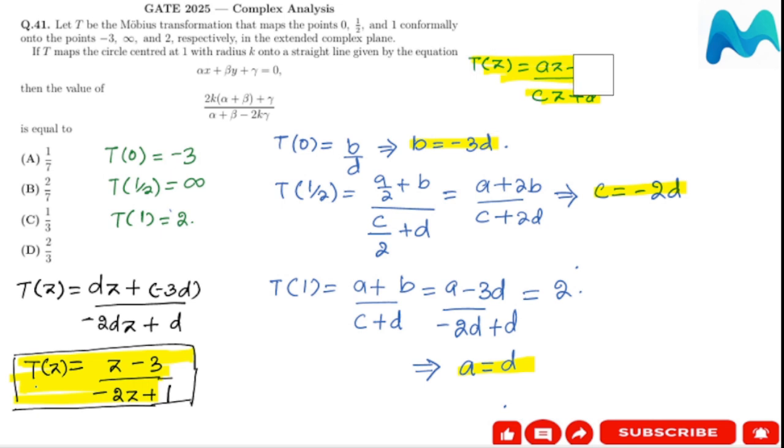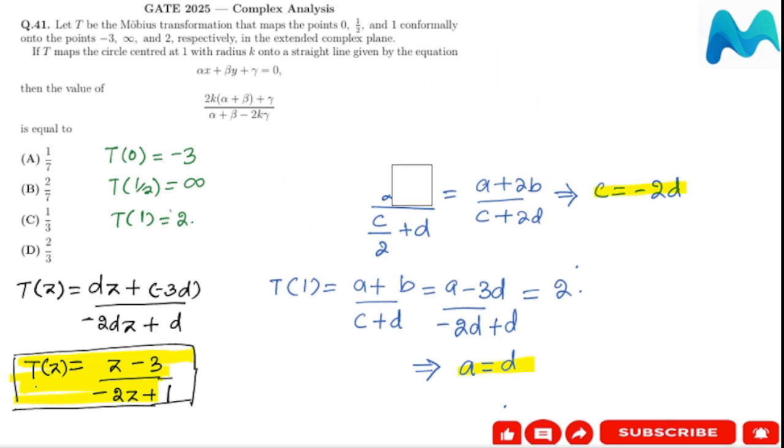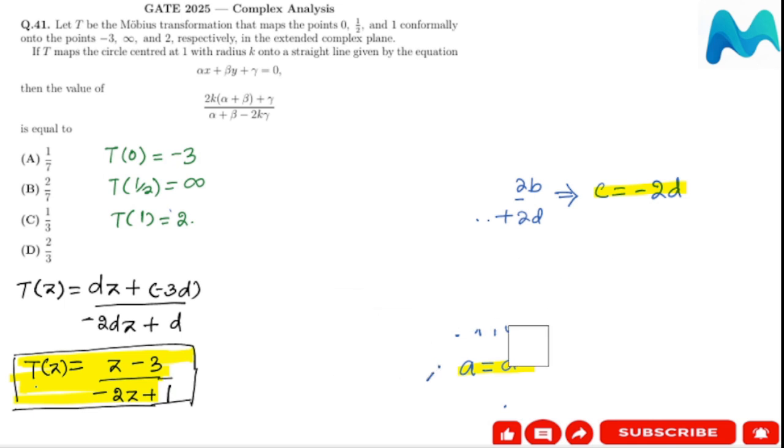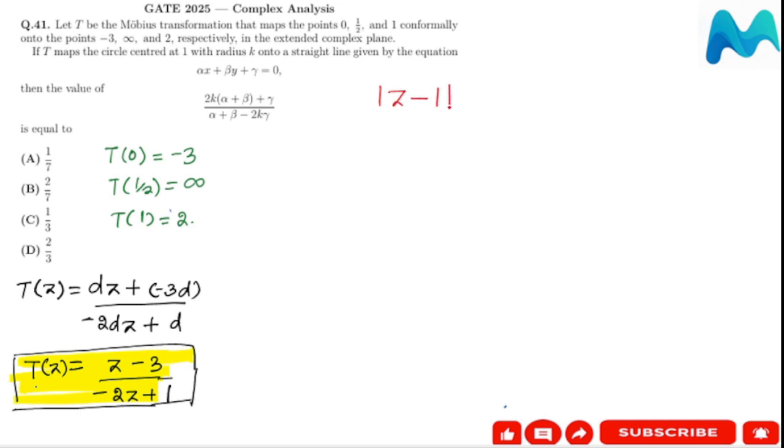So we have a transformation from a circle |z - 1| = k, centered at 1 with radius k, to a straight line, which is given by an equation alpha x plus beta y plus gamma.